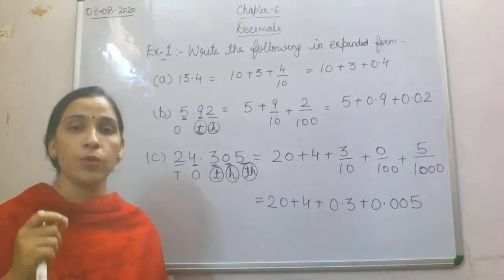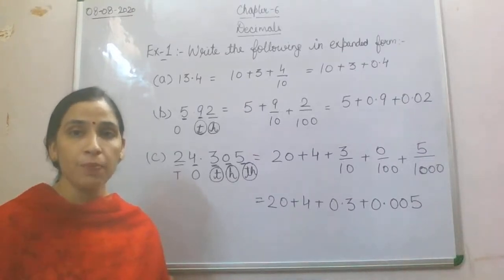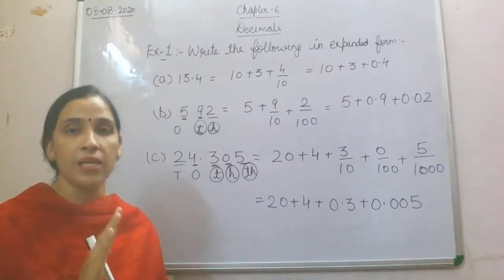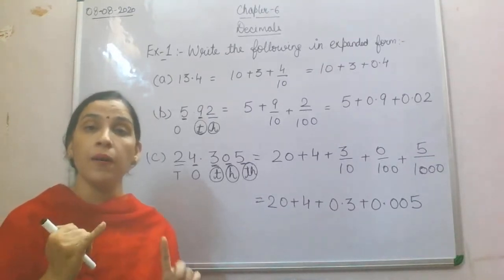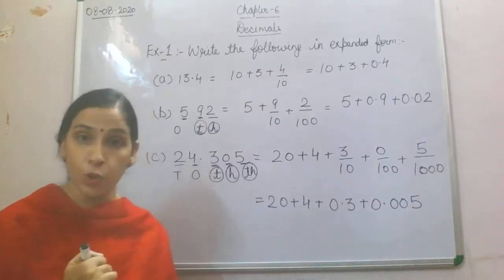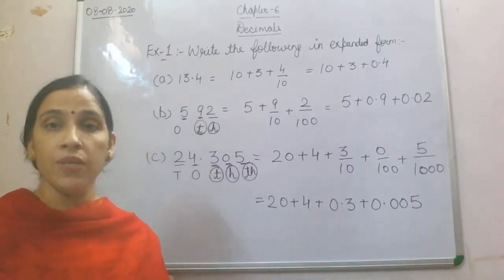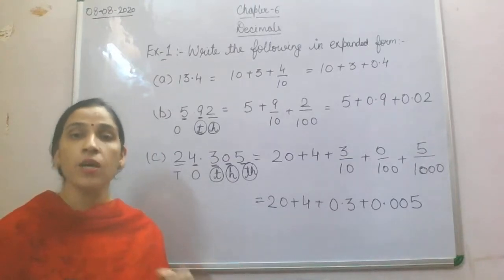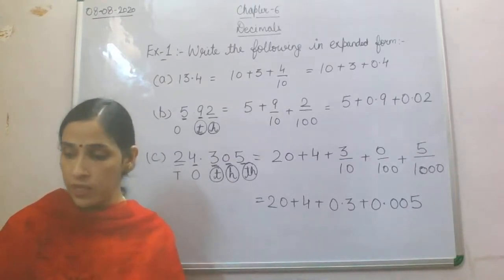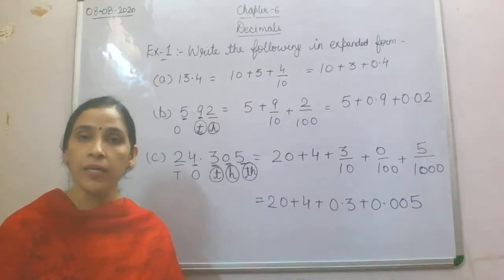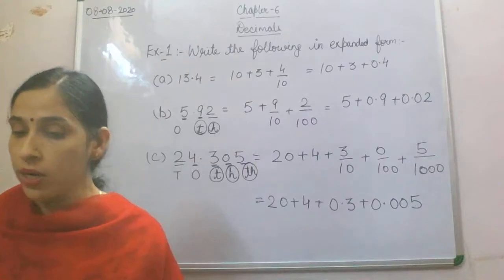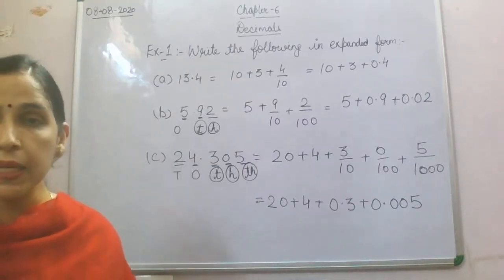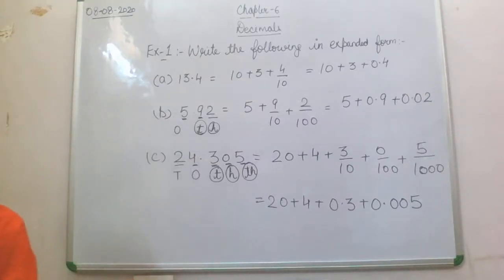Children, you must be aware of every place value system which we have done earlier. We have done place value system using abacus also. If you have any doubt, you can see yesterday's or previous videos and find out how we were finding the place value of those numbers.